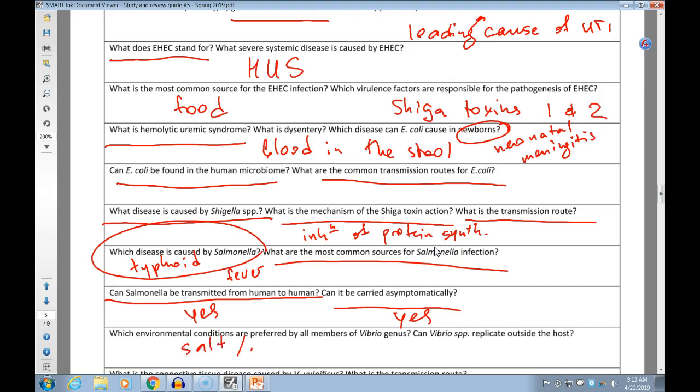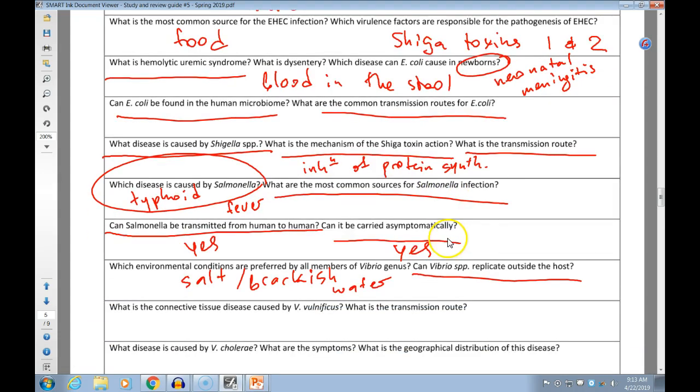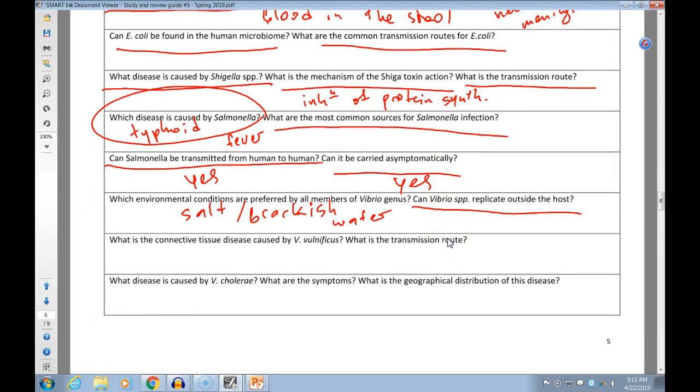Which environmental conditions are preferred? Salt, brackish water. It can replicate outside of the host. So Vibrio can grow independently. Wound infection, transmission route from the water or from the shellfish.